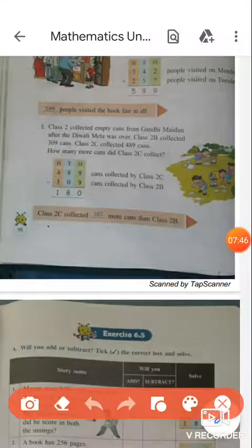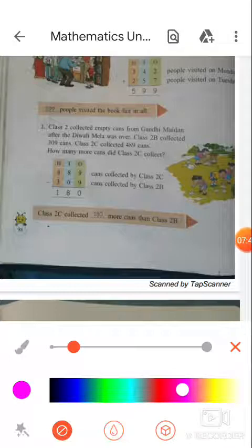You have to do addition or subtraction. Yes, you will do addition. So here you can add 342 and 257 to get the answer. When you add these two numbers, you will get the answer 599.